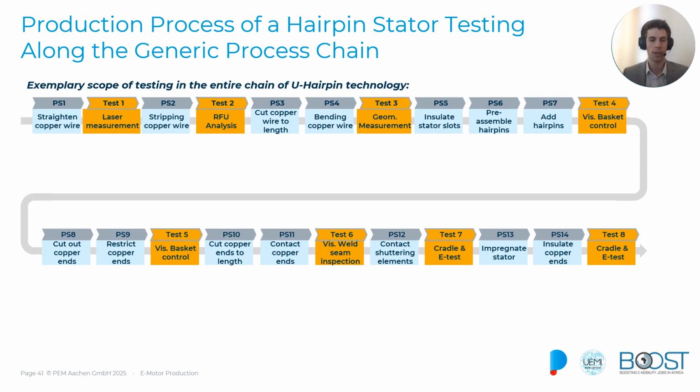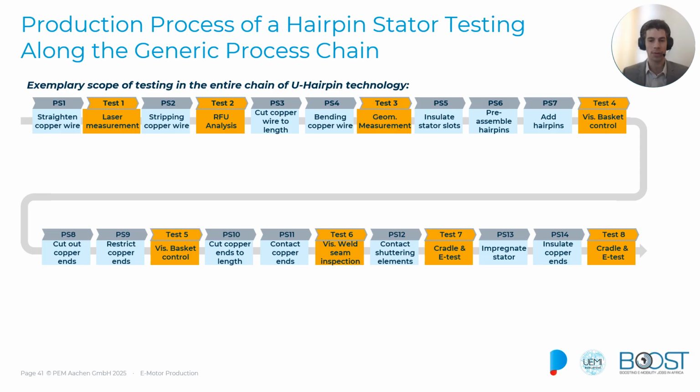Another visual testing could be after we cut the copper ends and twisted them. And test number 6 could be a visual weld seam inspection after we contact the copper ends via welding.